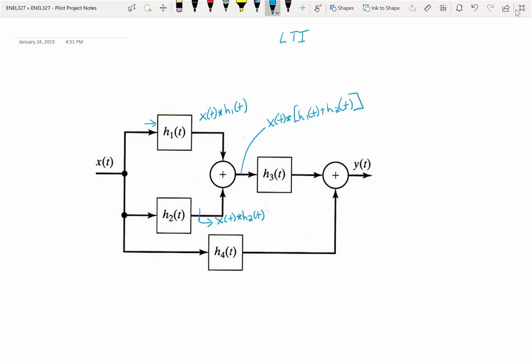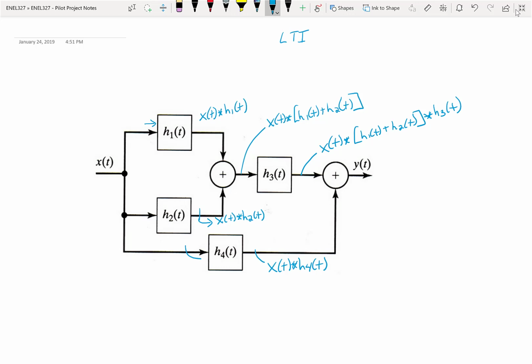Then on the bottom, I've got x going in, and I have x convolved with h4. Here, I'm going to have x convolved with h1 plus h2, and that whole thing is input into h3, so I can just put a convolution with h3 there.